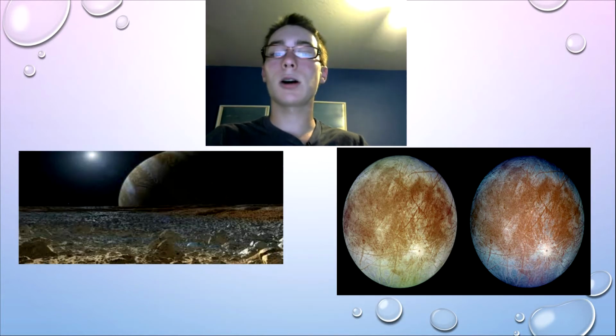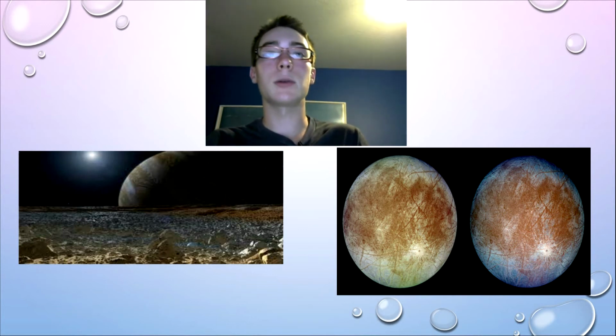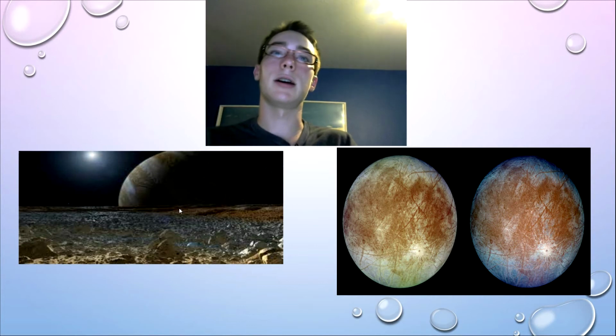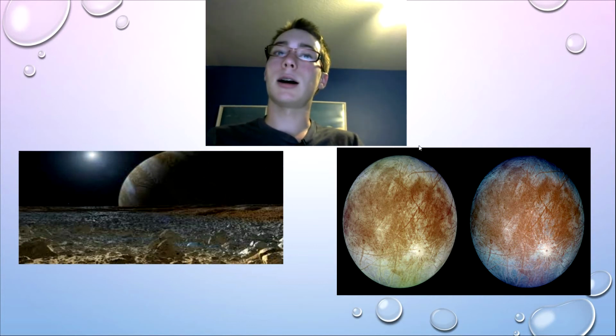So really, water is an amazing molecule, and it allows life to really exist on our planet. And as we start to look for life out in the universe, what do we look for? We look for water. And one of our most prominent candidates right now is Jupiter's moon, Europa.